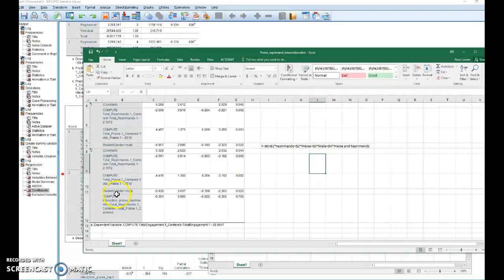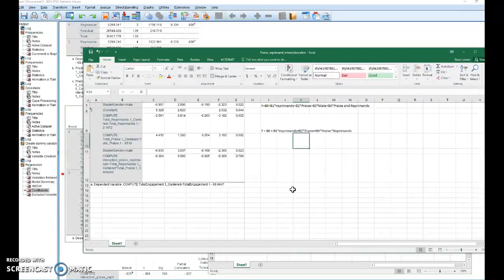Okay, because male is a dummy variable, I'm going to define my interaction for females, and so that term will disappear. So my new equation is beta naught plus beta 1 times reprimands plus beta 2 times praise plus beta 4 times praise times reprimands.